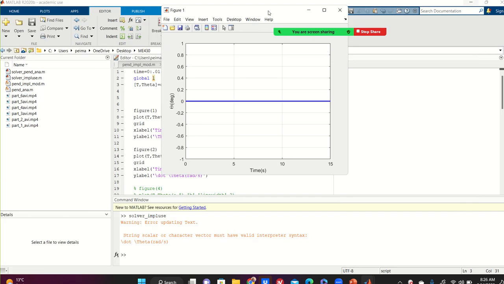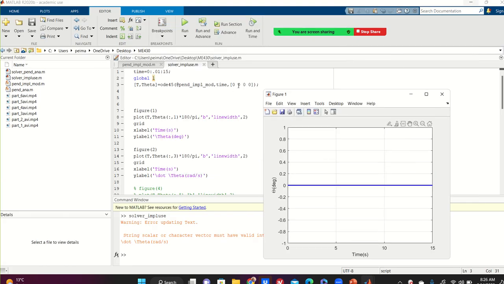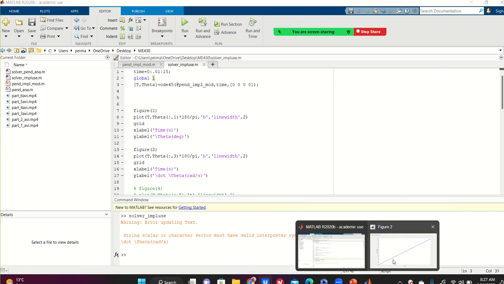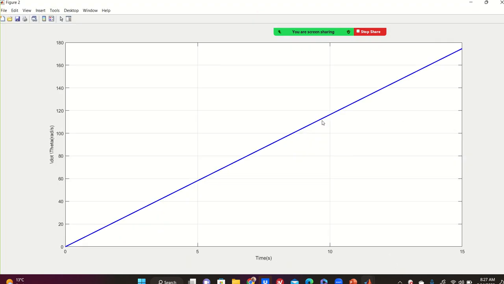Okay, guys, we started from 0 and 0. There is no input to the system. The pendulum is going to remain there at angle 0, as I told you. But the other one, at the impulse, starts to move.